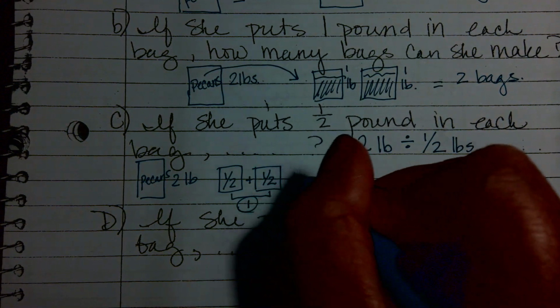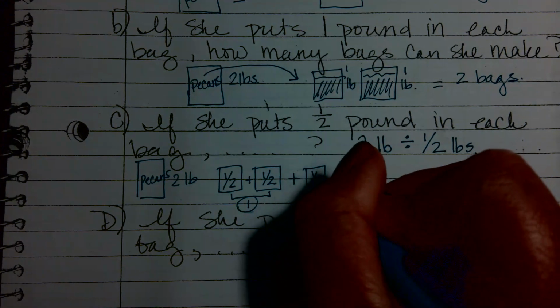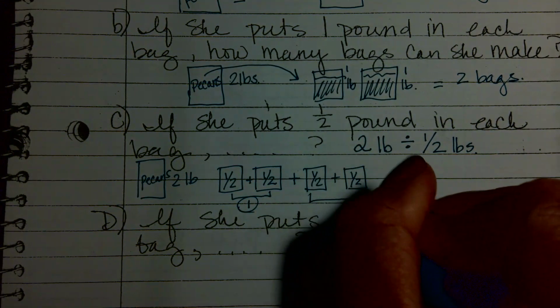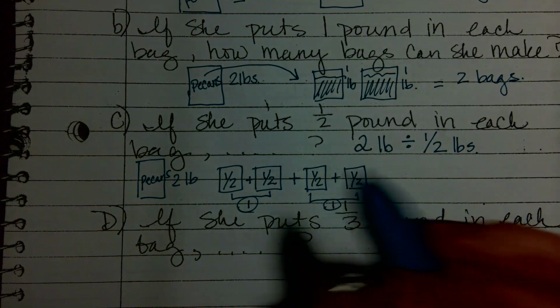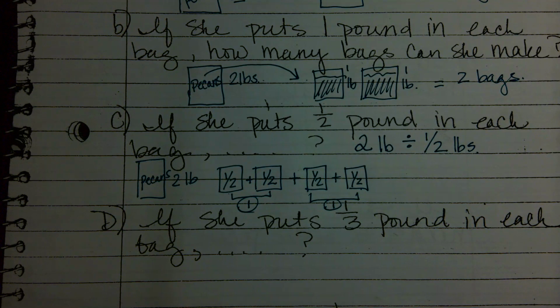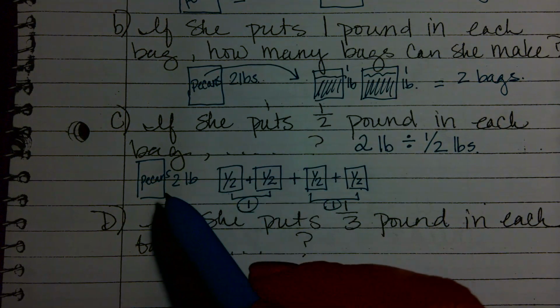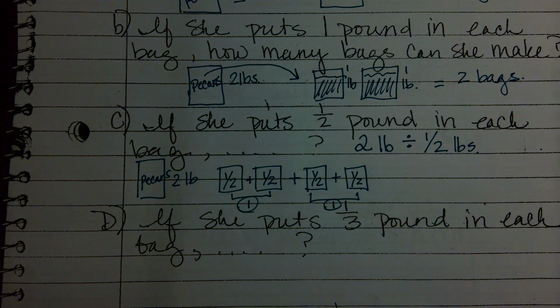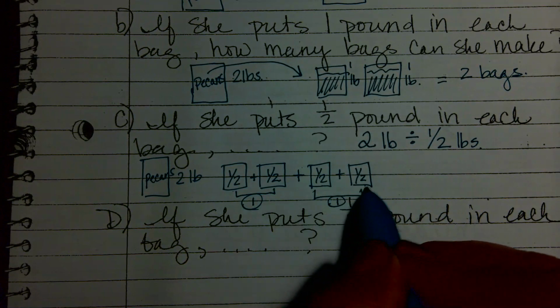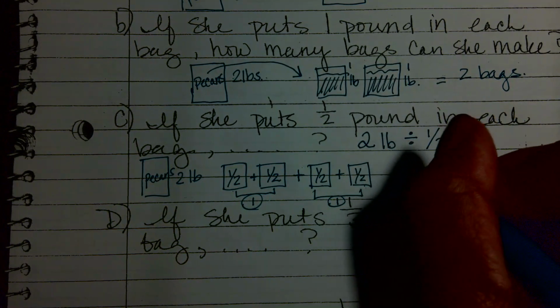So now if I do another 1/2 pound plus another half pound, that equals 1 pound, right? So how many half-pound bags will she make if she has 2 pounds and she wants to put them into half-pound bags? How many bags will she have? She'll end up with 1, 2, 3, 4, right? 4 bags.